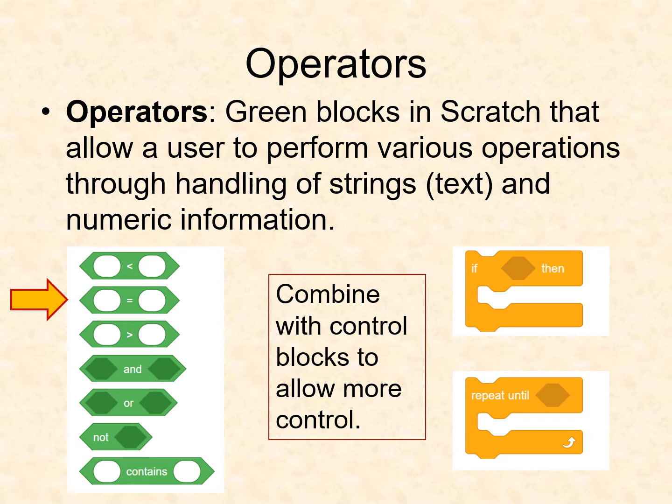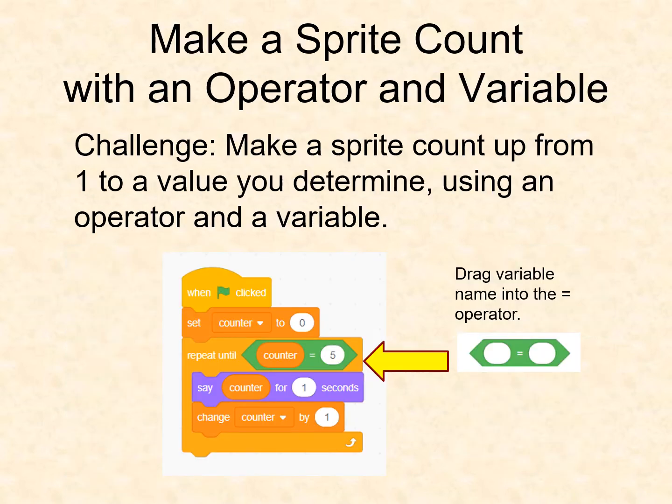In our last class, when we asked the sprite to count 1 to 10, we used the repeat loop. Now we could say repeat until, and then we could drag the variable name into the operator and put a value in there.